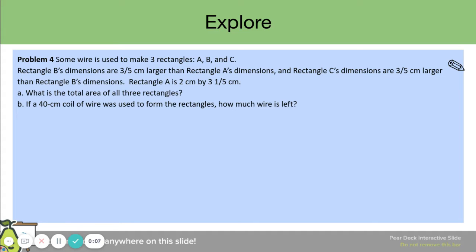We are continuing that problem about the different rectangles and the wire that is used to create these rectangles.